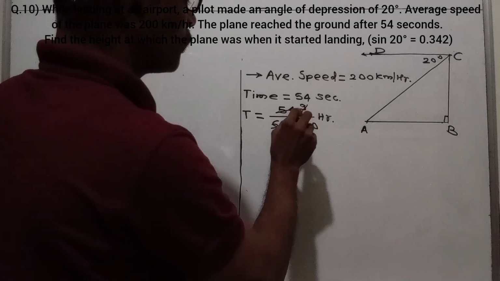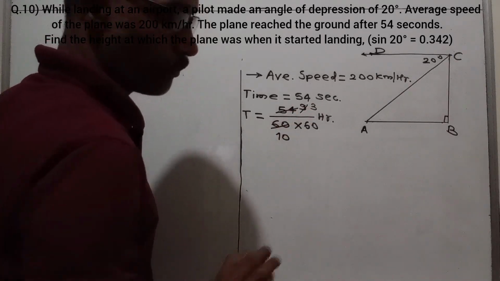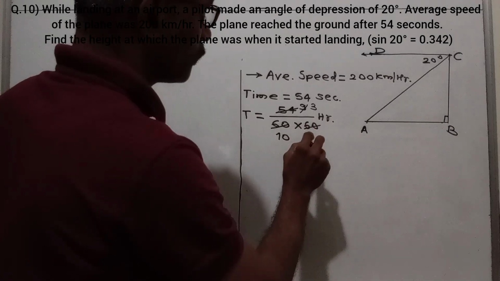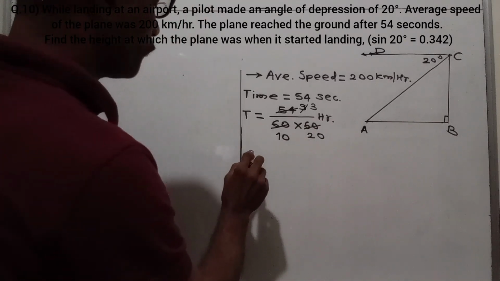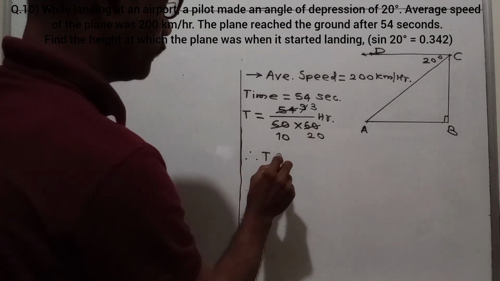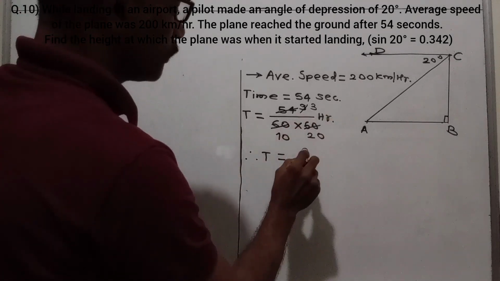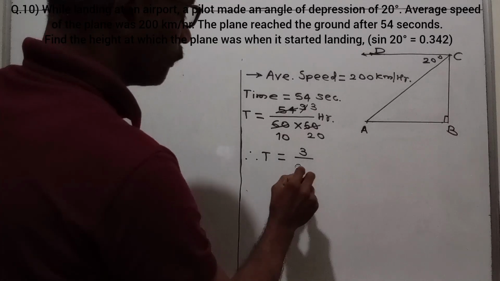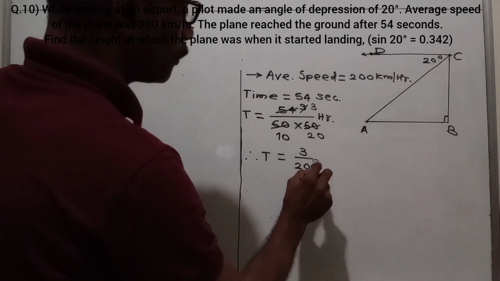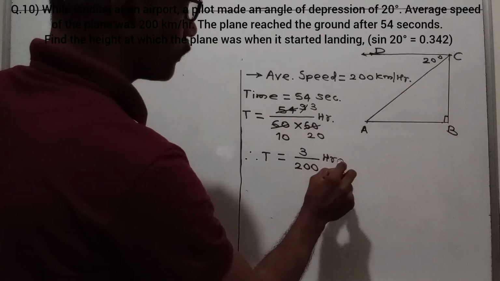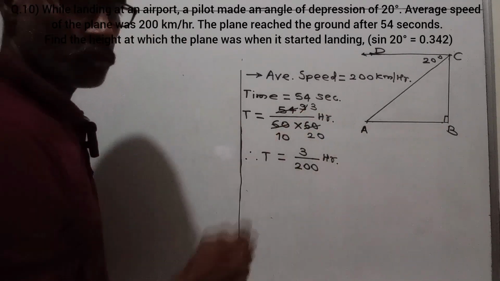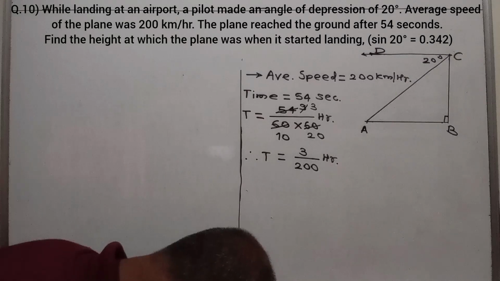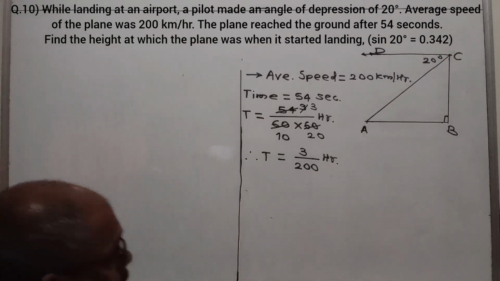Okay, 3 threes, 3 twos and 0. Therefore, T is 3 upon 200 hour. Did you get it? 3 upon 200 hour.